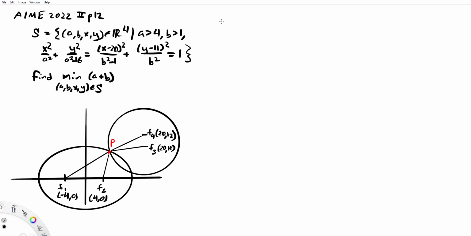Okay, so we should know that basically F1P plus F2P equals 2a, and F3P plus F4P equals 2b.